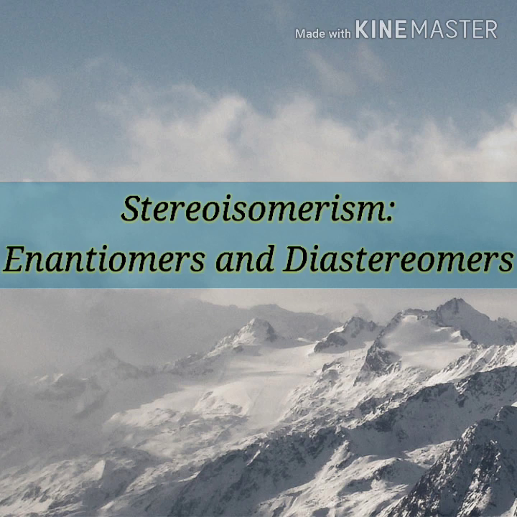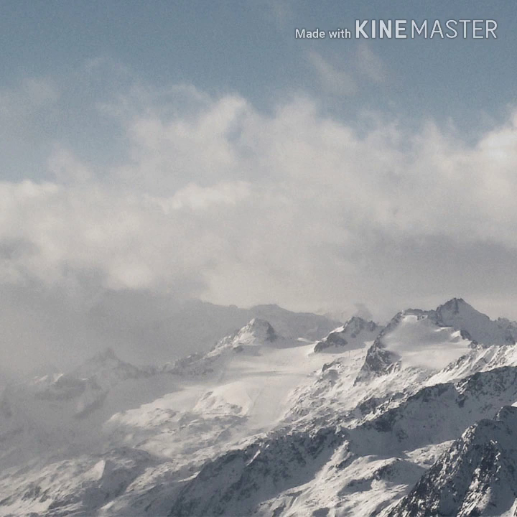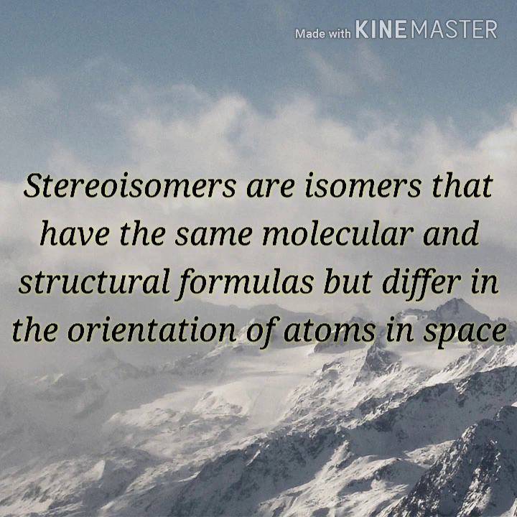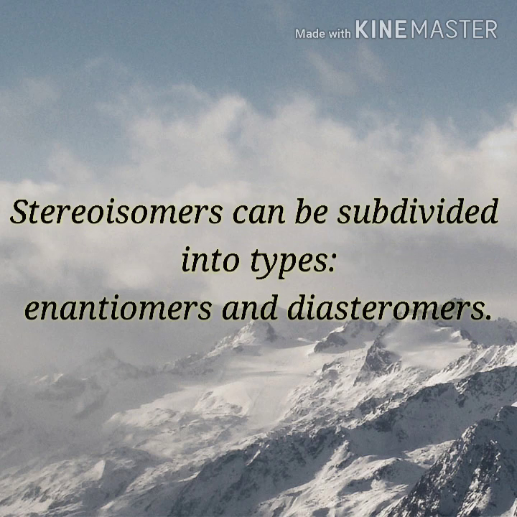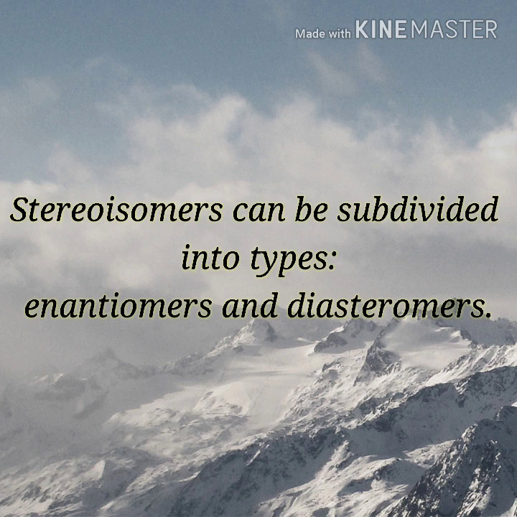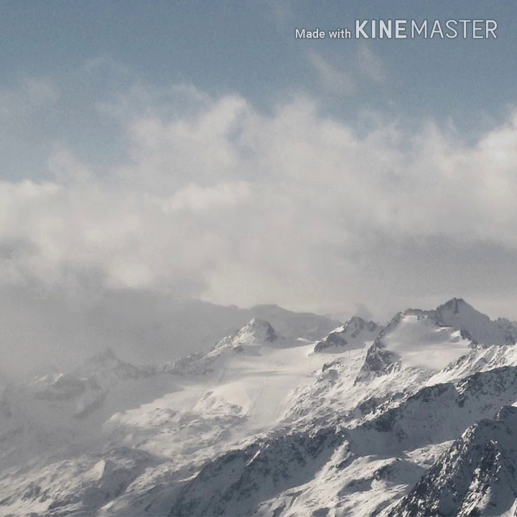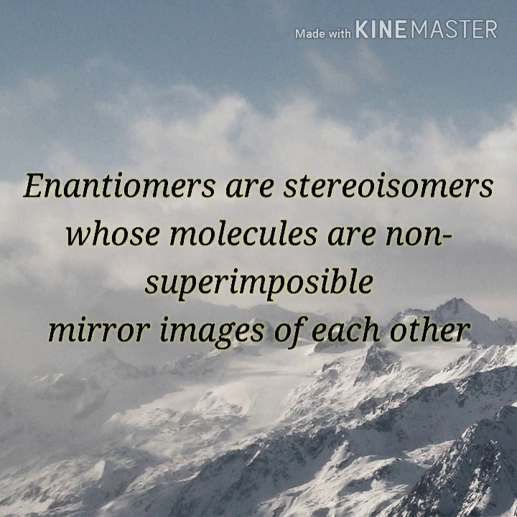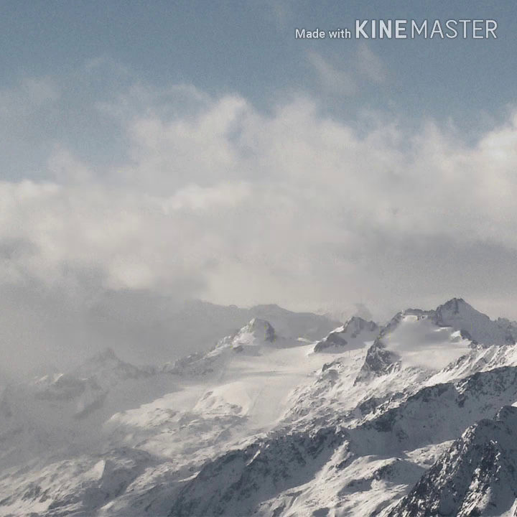Stereoisomerism, enantiomers and diastereomers. Stereoisomers are isomers that have the same molecular and structural formulas but differ in the orientation of atoms in space. Stereoisomers can be subdivided into two types: enantiomers and diastereomers. Enantiomers are stereoisomers whose molecules are non-superimposable mirror images of each other, molecules with a chiral center.